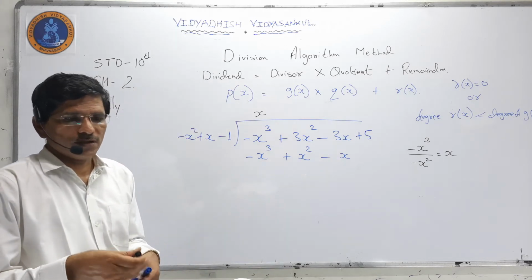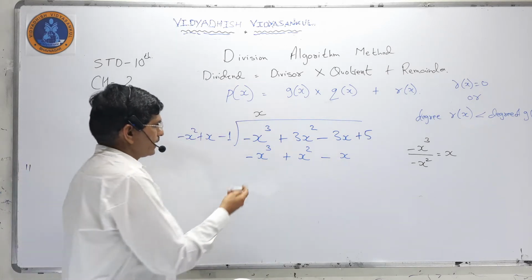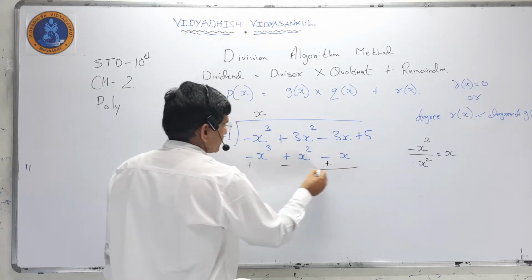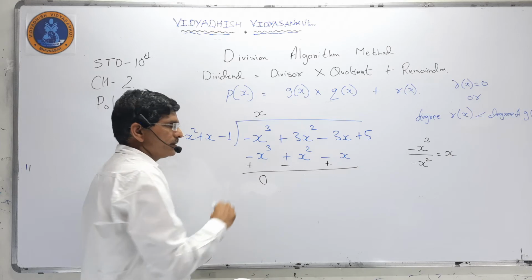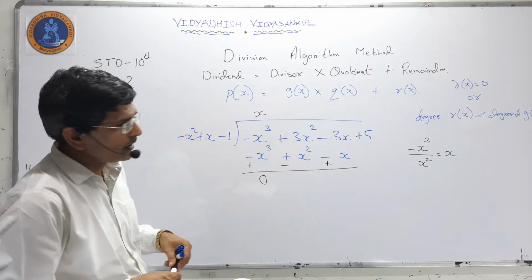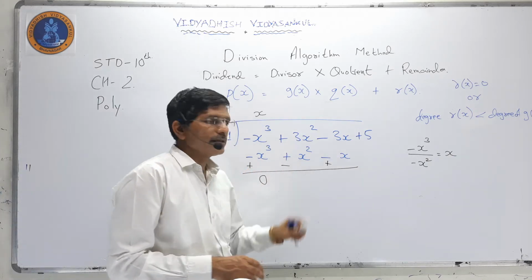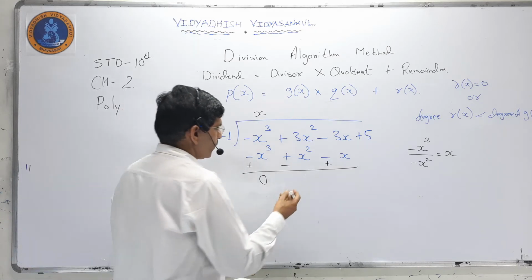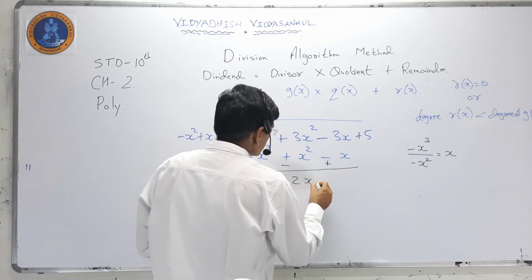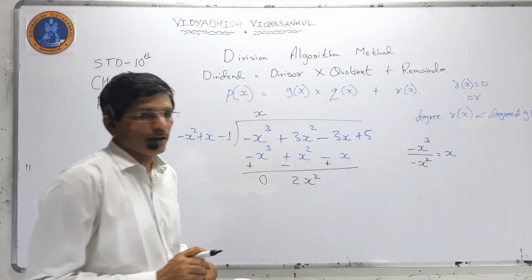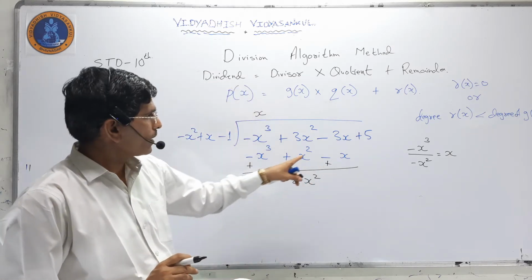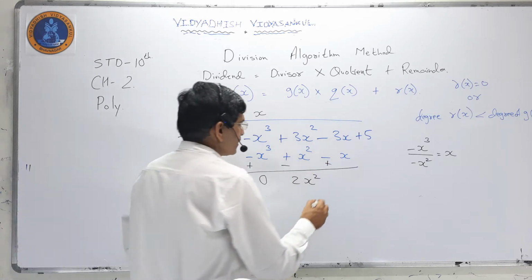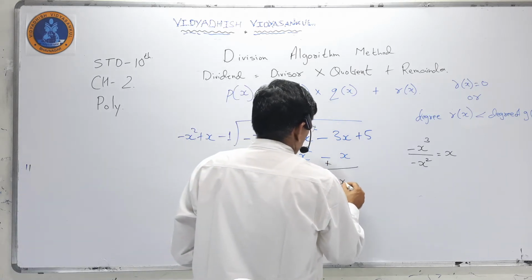I have to change the sign, that is plus, minus, plus. Here it is 0. Then plus 3 minus 1, so I have to write 2x square. Now again minus 3x plus x, so I have to write minus 2x plus 5.